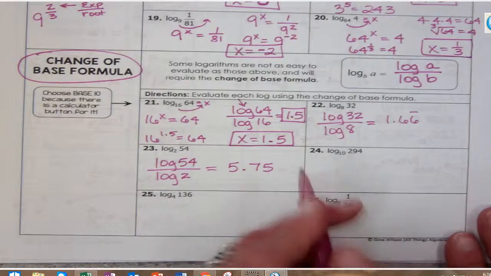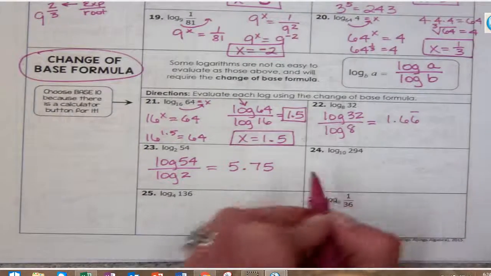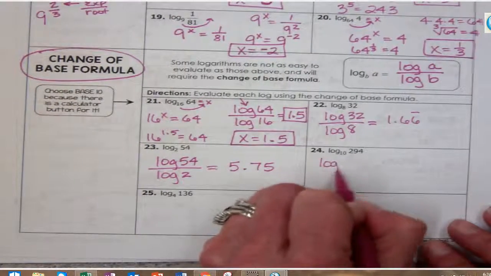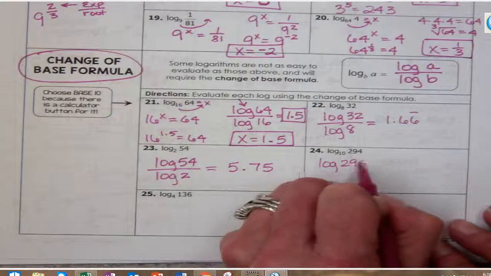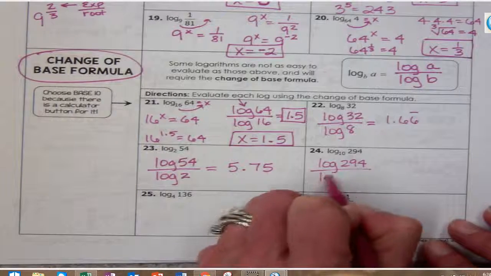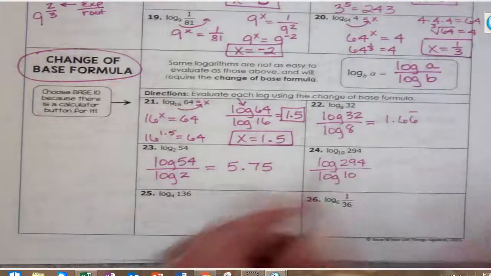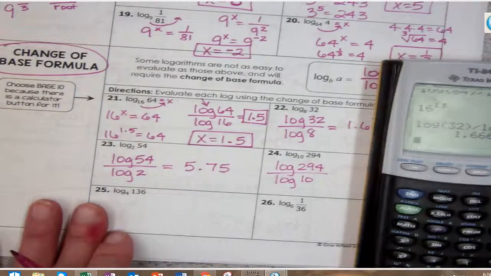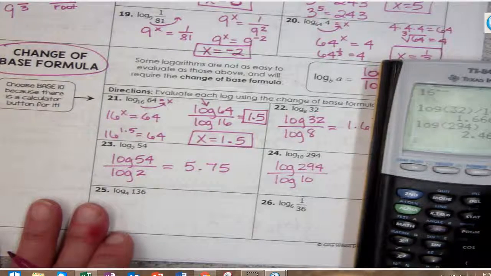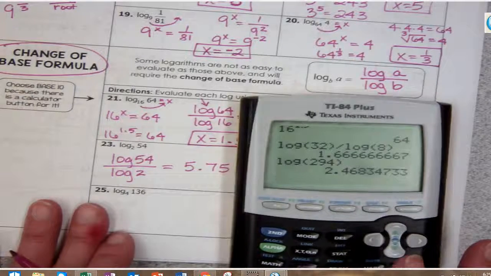And here you've got log 294 divided by log 10. Now this actually should work because your log button is actually a base 10 anyway. That would give you your base 10.